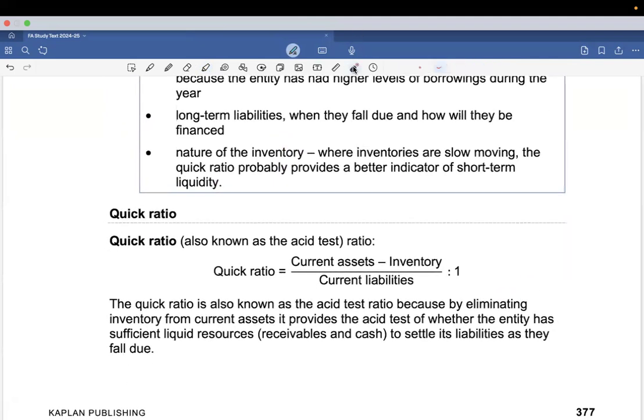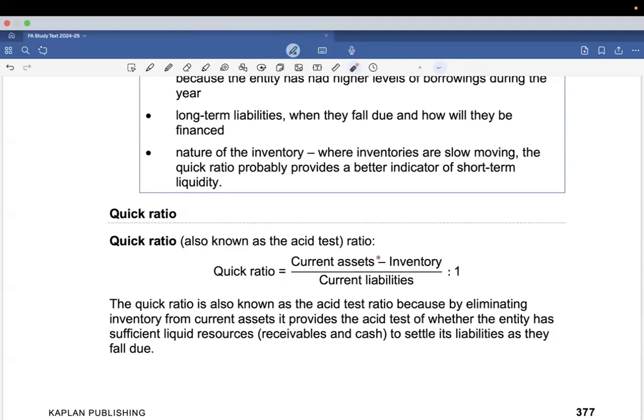The second type of liquidity ratio is called the quick ratio, otherwise known as the acid test ratio. Now listen carefully. You have current assets, and out of that, there is one thing which is not liquid cash, and that is inventory.